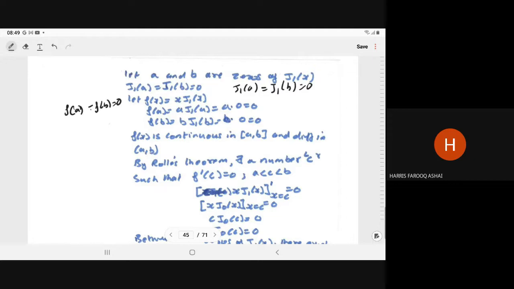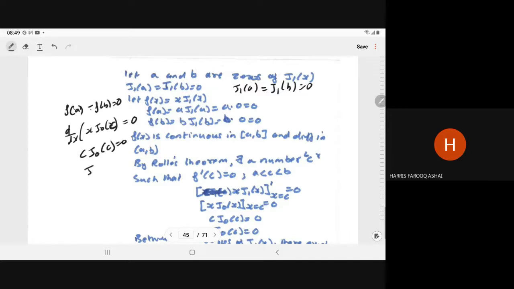So by Rolle's theorem, there must be a point C between A and B such that the derivative of x J naught x must equal 0. So x is equal to C we have to take, and here you will get C J naught C is equal to 0.